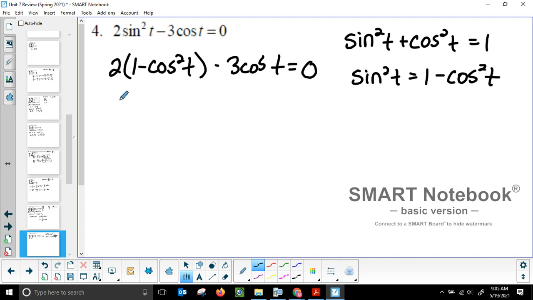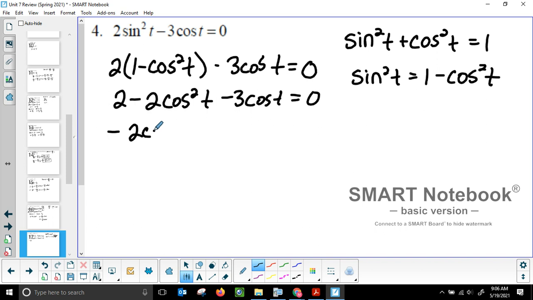So I will distribute this, and I get 2 minus 2 cosine squared t minus 3 cosine t is equal to 0. Writing it in standard form, negative 2 cosine squared t minus 3 cosine t plus 2 is equal to 0. I do not like negative leading coefficients. Some of you might, doesn't matter, all right?